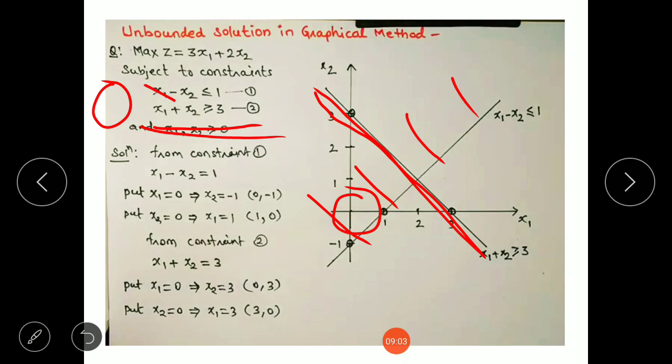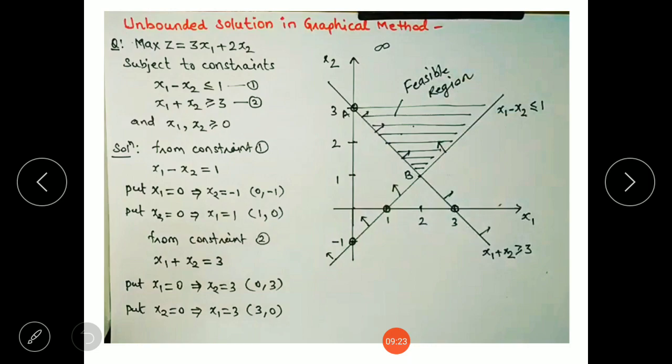So 0 greater than or equal to 3 is false. This means the inequality constraint does not get satisfied for x1 and x2 is equal to 0, 0. So the region is the one which does not contain the 0, 0 coordinates. So this is the region. Ultimately the overlapping area is this.